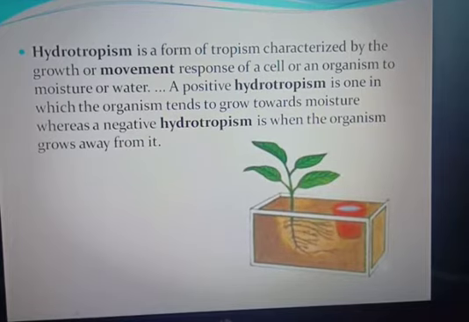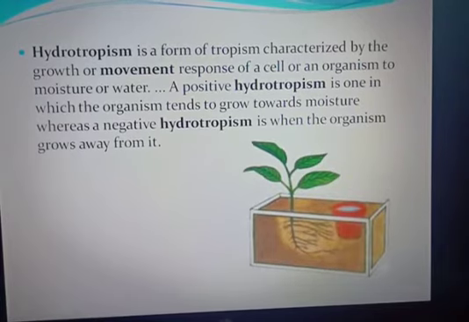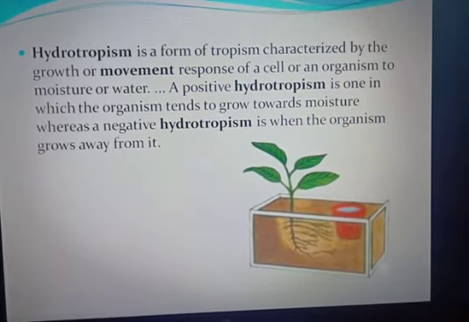Positive hydrotropism is one in which the organism tends to grow towards moisture, towards water. Negative hydrotropism occurs when the organism grows away from it, meaning the plants grow away from the moisture. So these were the three types of tropic movements.